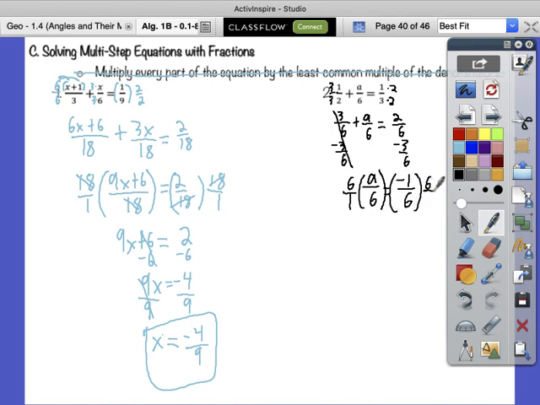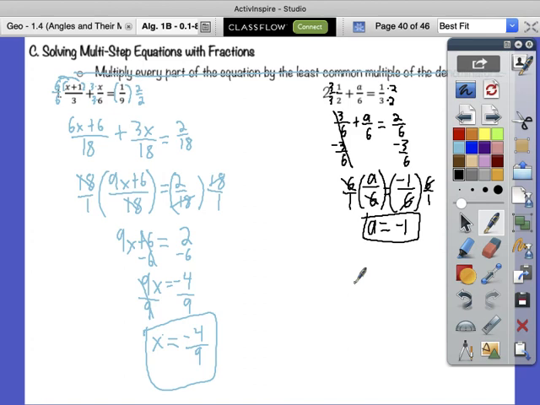We don't want it over A, it's over 1. 6 and 6, they don't cancel, but they reduce. And these 6s, they reduce. So A is -1.